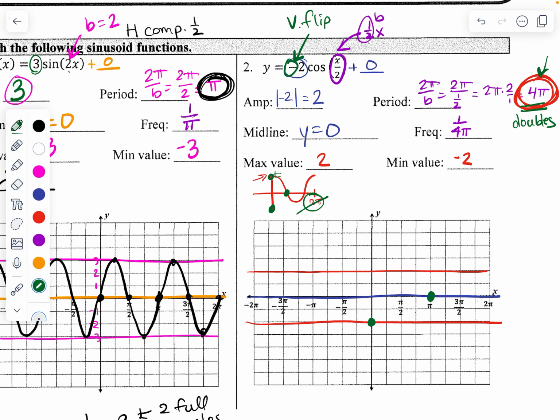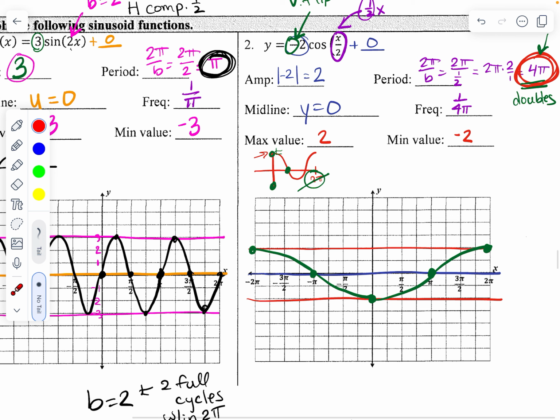And then again, at the peak, will be at 2 pi. So that's half a graph within 2 pi, which means if I follow this pattern backwards, we're going to see one full graph.